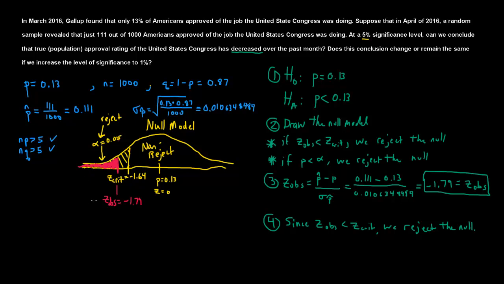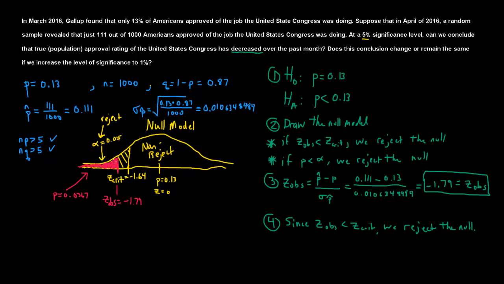Okay, so P, again, this is the pink shaded area. P equals, we're going to round to 4 places, is fine. P equals 0.0367.